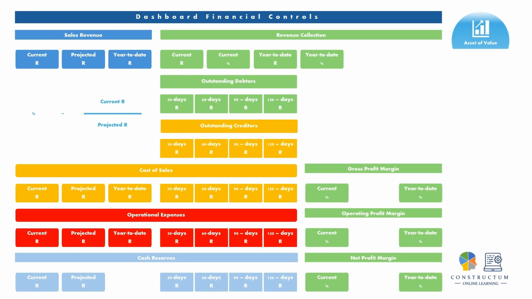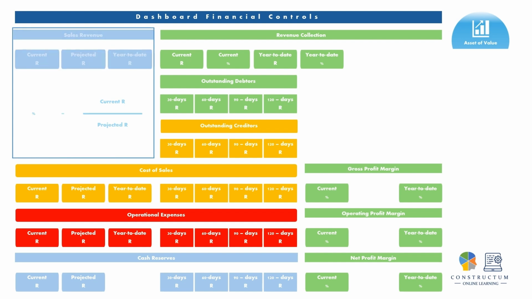The first item is total sales revenue. How well is the business doing in terms of sales, specifically in relation to its sales targets? I like to include a formula: sales revenue as per the profit and loss statement over projected sales revenue as per the sales forecast or budget.